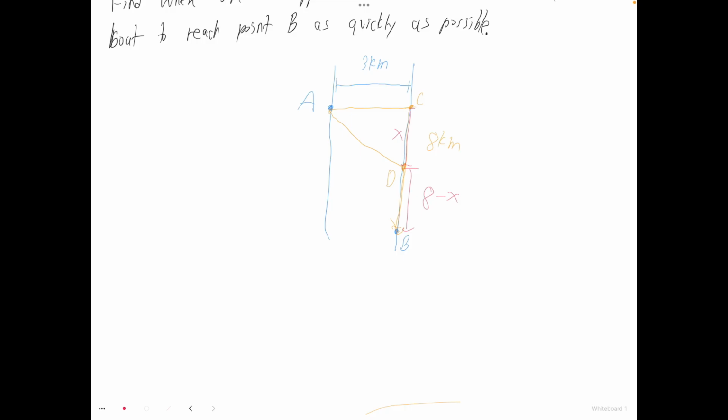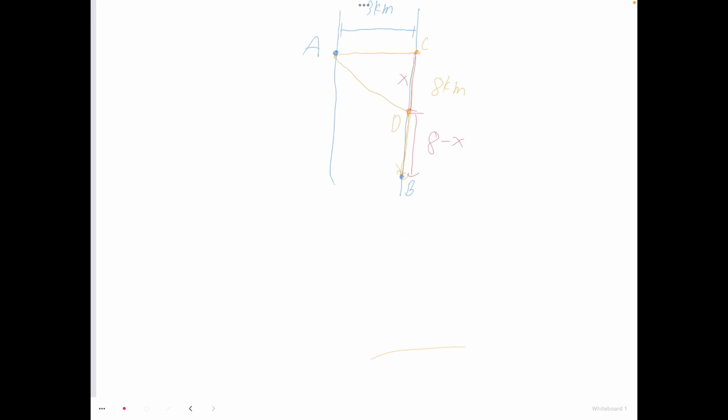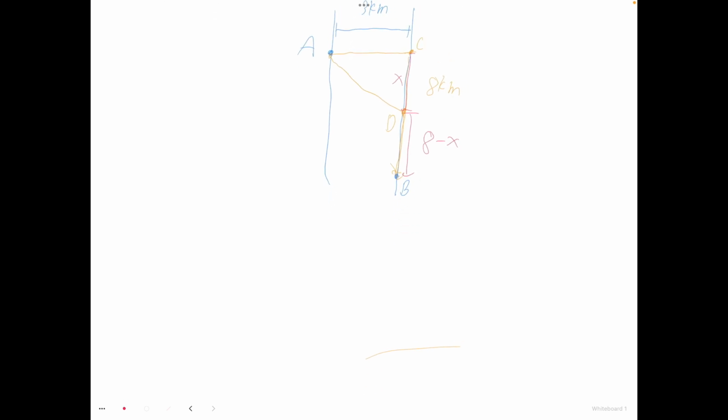And so we want to figure out how far she's going distance-wise in each case. And so here we have that she's running 8 minus x.